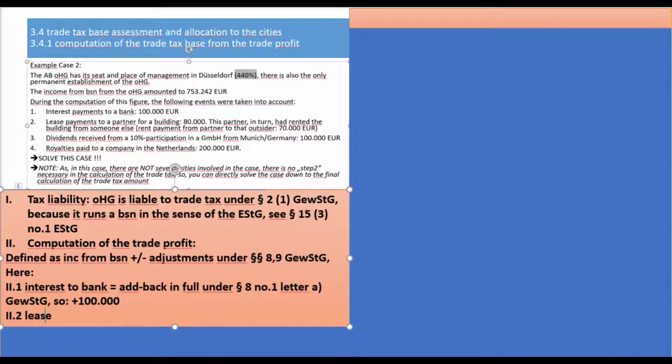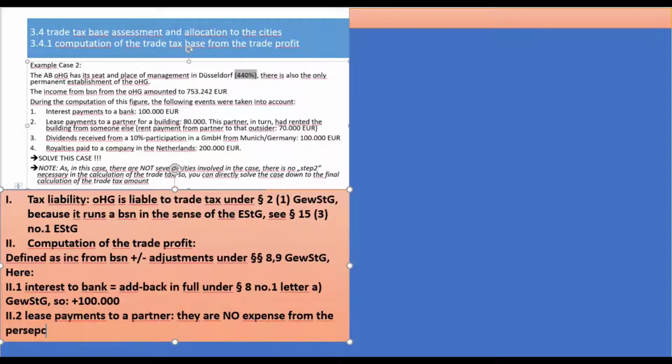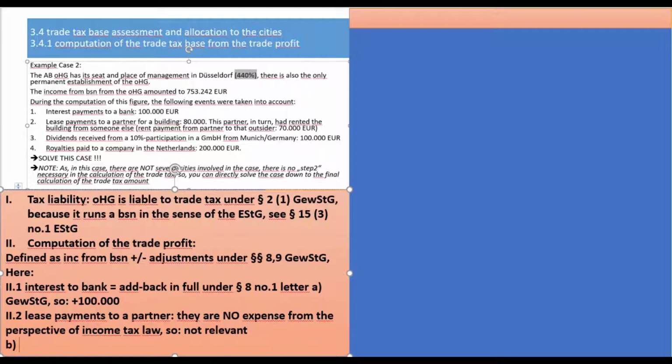2.2, the lease payments to a partner. They are no expense from the perspective of income tax law, so not relevant. Now we have here a second aspect. The lease payments from the partner to the outside owner of that building.